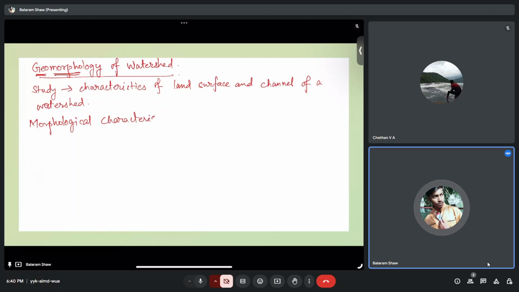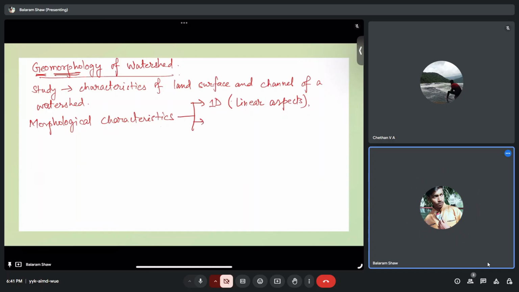So what all characteristics will we see? Firstly, in one dimension, we'll see the linear aspects of the watershed. Linear aspects means, let's say a river, that follows in one dimension, right? So the length of that channel, what is the order of that channel, what is the width of the channel, what is the perimeter of the channel. So all this will come in the linear aspect.